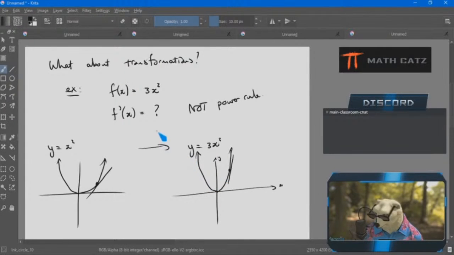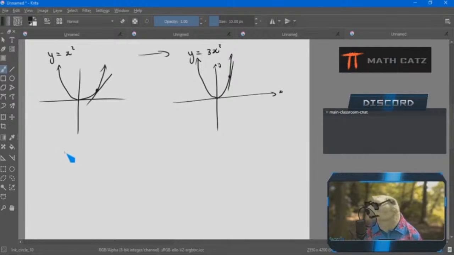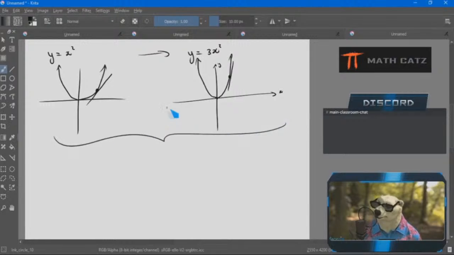Now, of course, that's not a proof, but we can say it like this. We can sort of argue it graphically for a simple function that we understand and say the derivative of 3x squared. It turns out if you do it precisely, you measure the slope and have specific examples, it is going to be the same as 3 times the derivative of the basic function before the transformation.